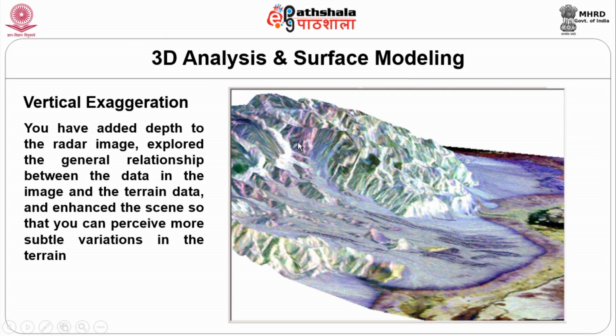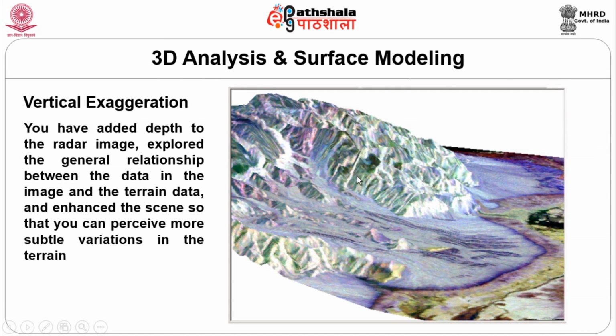In fact, many times even in satellite data, they exaggerate the data because that will not affect your basic input data. By exaggerating the data, by multiplying the entire area by a common factor, you will be in a position to get better visualization. You can see here what will happen is this will get exaggerated very well.